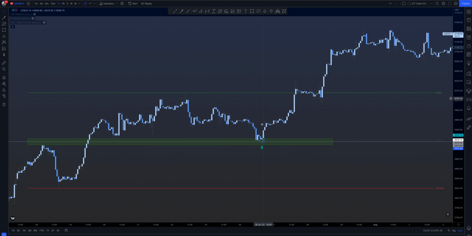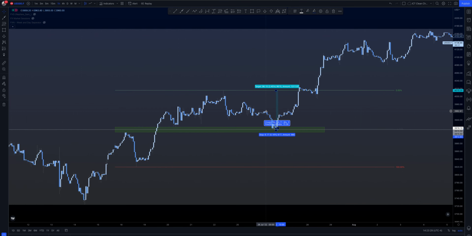Now, if you're looking at trading the day trade, then obviously you're looking at trading within this range here. So that still would have given you, if you're trading the daily as the higher time frame, 15.5% reward.